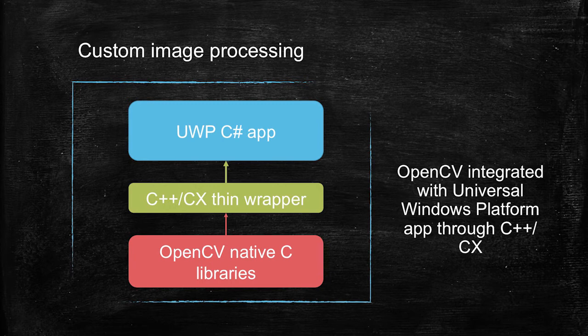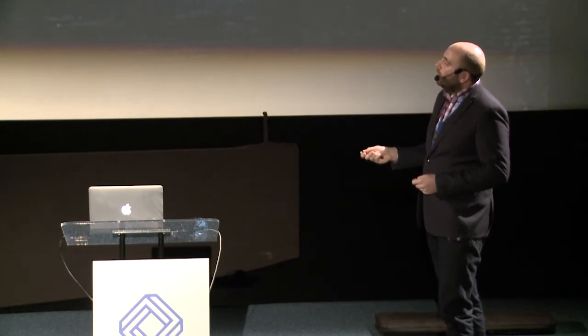So I have my C# app written for the Universal Windows Platform. And then I have a very thin wrapper written in the C++ component extensions. And in this wrapper, I directly call OpenCV native libraries, which are interfaced with the wrapper using standard techniques.